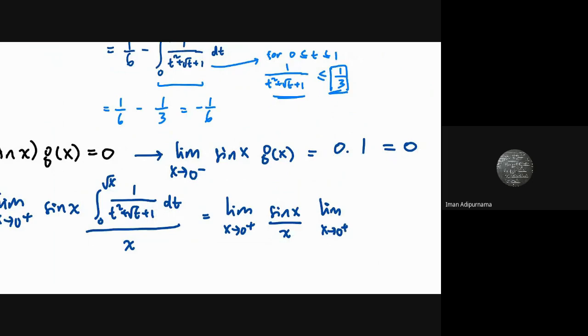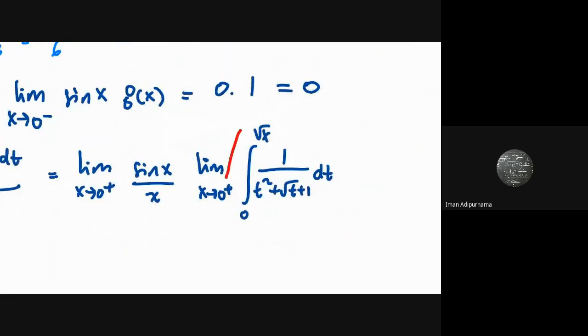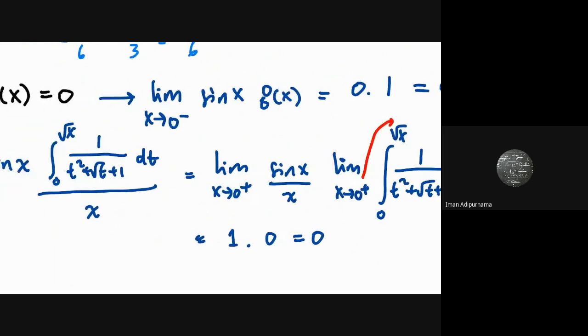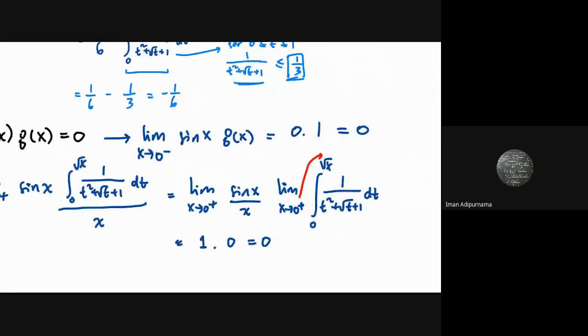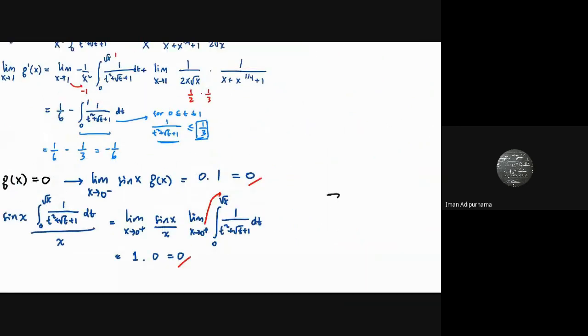We can separate this, and this certainly becomes 0, right? This is 1, and this is 0. So this will be 0. So the thing is the limit from the left is 0, the limit from the right is 0. So this is a true statement. The correct answer will be B and D.